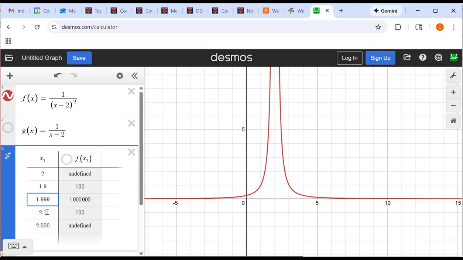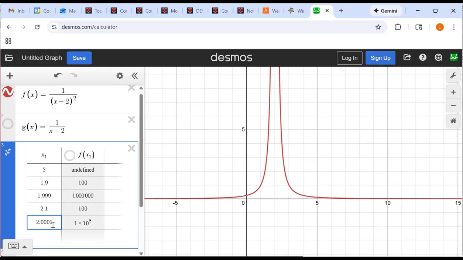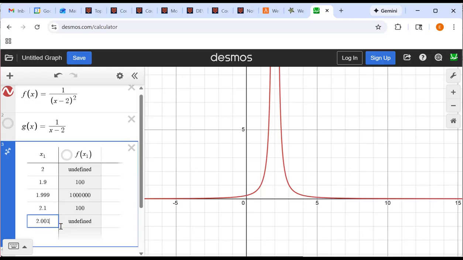And the same thing happens on the other side. When I plug in just 2.1, I get 100. If I plug in 2 point and a whole lot of zeros and then the 1, like here, I've got 1,000,000. So either side of the asymptote, we're getting infinity.